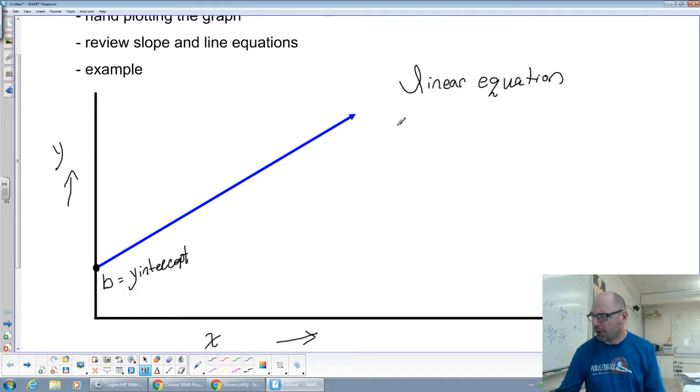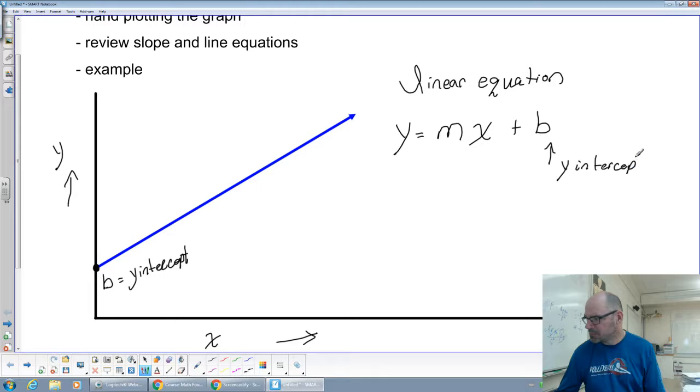So the general equation for this line, the linear equation, is given by y equals mx plus b, where m stands for slope, x is the variable that varies along the line, and y is the variable that varies along the vertical. This b is our y-intercept, and m represents our slope.